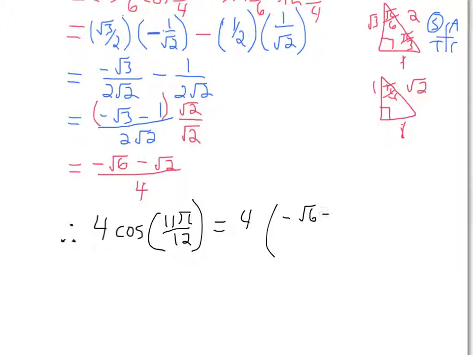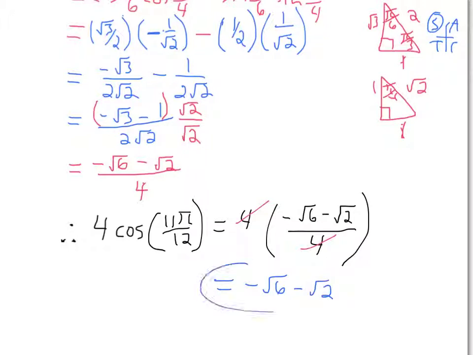And of course, don't distribute the 4, just cancel the 4. The 4 divided by 4 is 1. And we get the wonderful answer of minus root 6 subtract root 2. All right, so that does it.